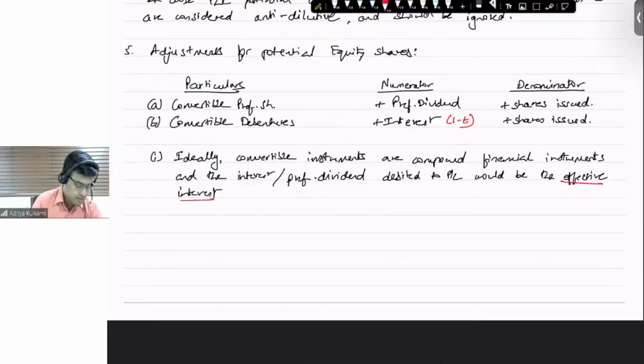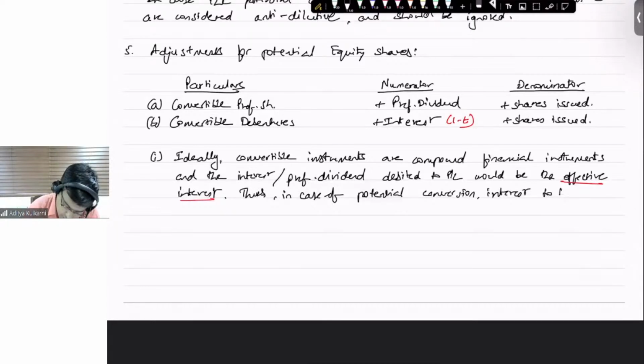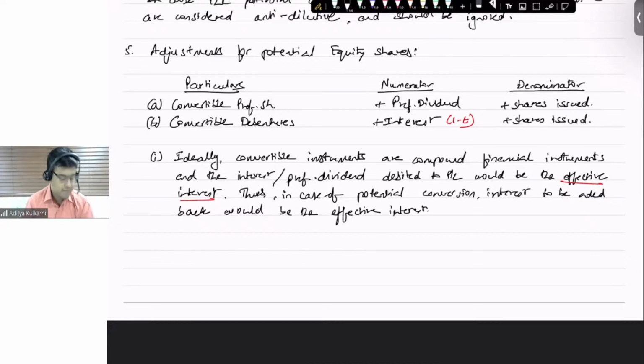Would be the effective interest. Thus, on potential conversion, interest to be added back would be the effective interest.